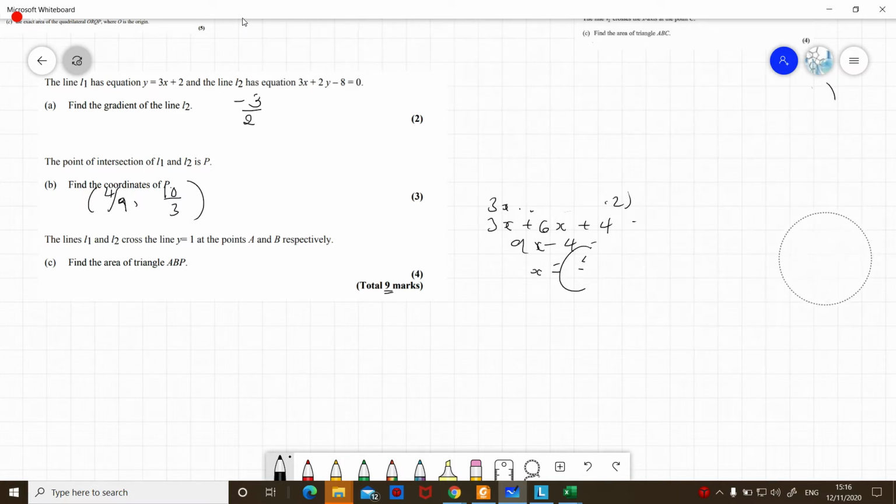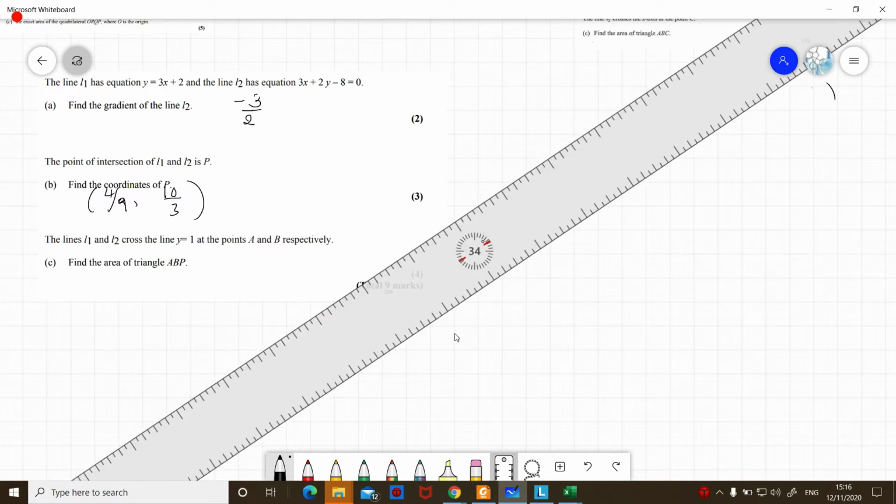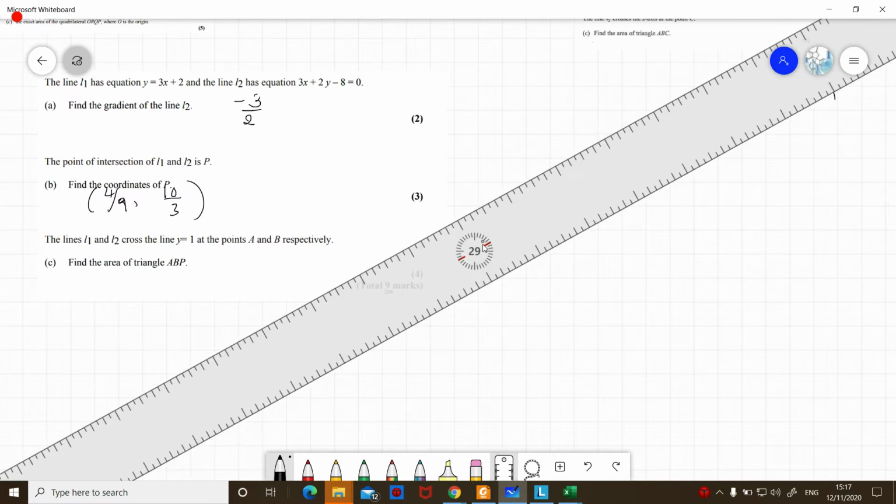So here I can't really do it without a diagram. Very important to have a diagram. So I'll do this with you. I grab my ruler and I'm looking at the curve.